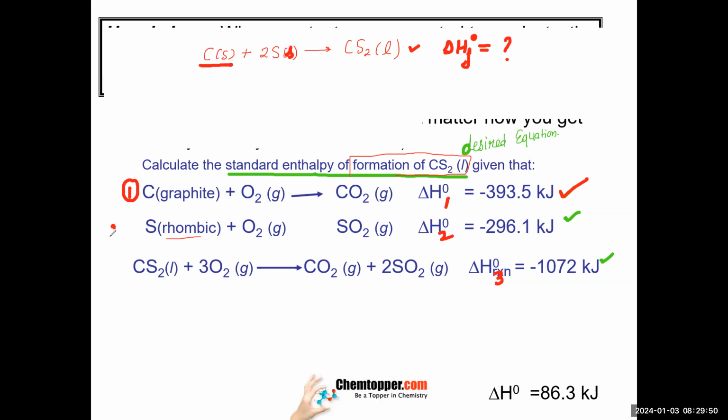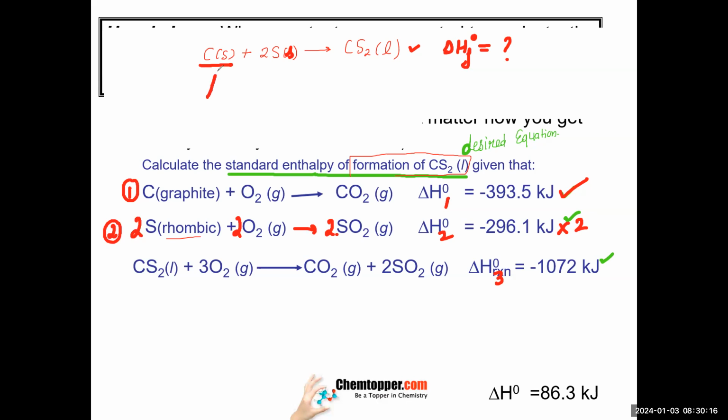Now I will pay attention to equation 2. Sulfur is here. But how many are needed? 2. So multiply this equation by 2. When you multiply this equation by 2, everything will get multiplied by 2, right? Even this value will get multiplied by 2. Is it okay? What I'm doing?